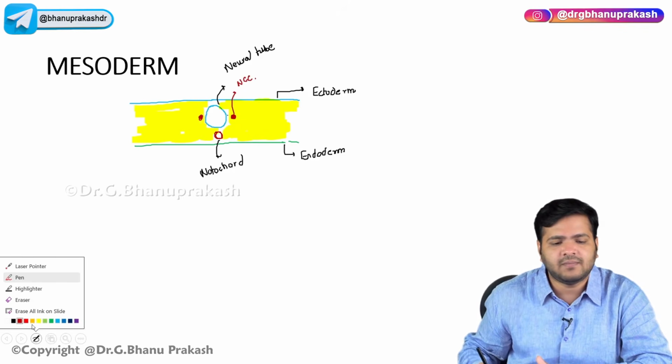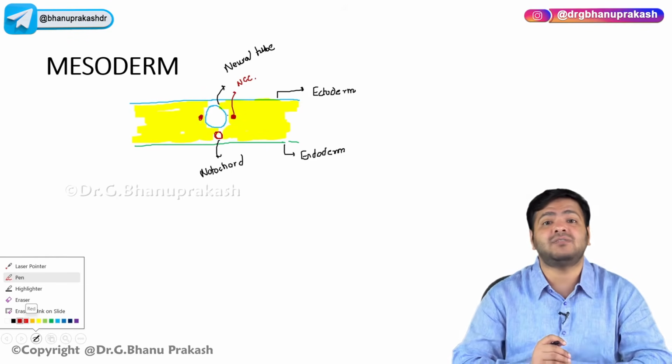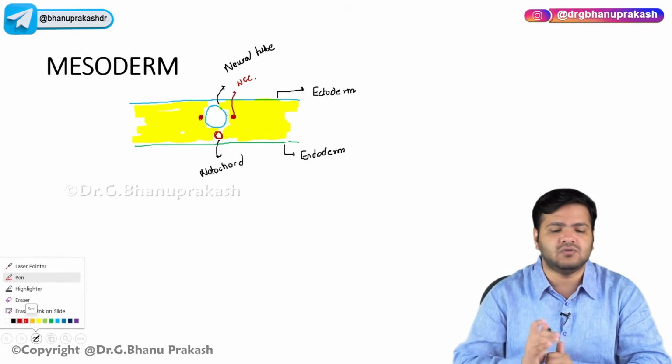Now along the midline, the mesoderm will be called the para-axial mesoderm, which is parallel to the axis, which is parallel to the neural tube.